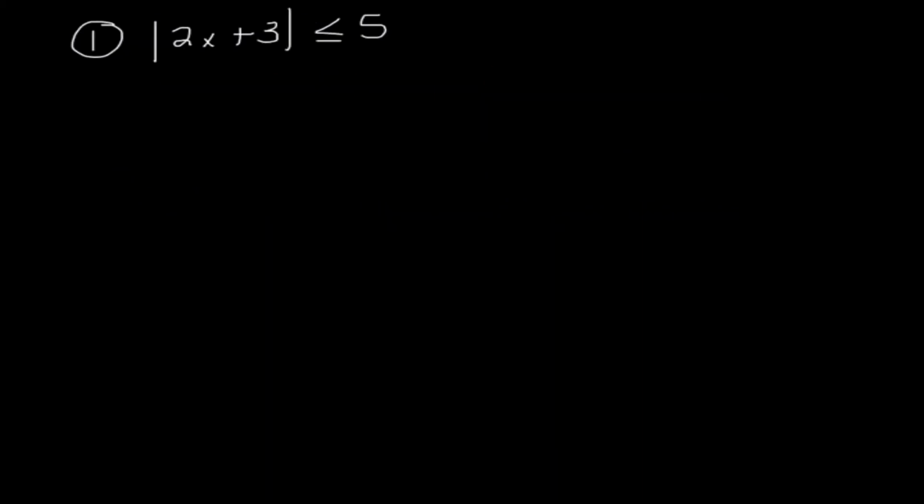Example number 1. The absolute value of 2x plus 3 is less than or equal to 5. First thing we want to do is isolate the absolute value, but in this case, it's already all by itself. There's nothing else on that side of the inequality. So next thing I'm going to do is take that 2x plus 3 and write it in 2 different parts, and I'm going to set it equal to 5 and set it equal to negative 5, because I know that if this is equal to 5, the absolute value of it is 5.